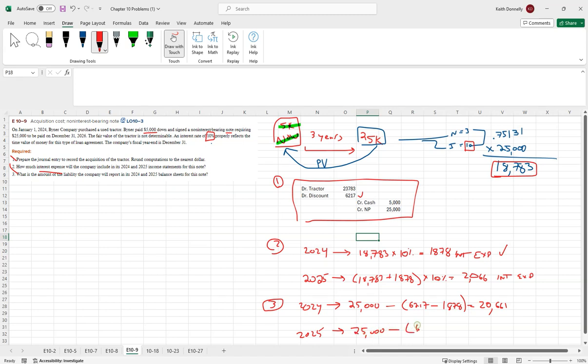We have to back out, again, same thing, 6,217, 1,878. And then we also have that additional 2,066 of interest. That's going to give you 22,727.